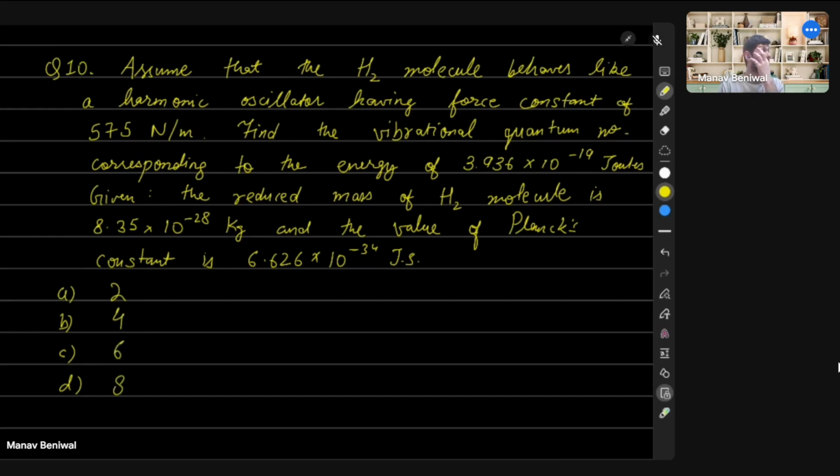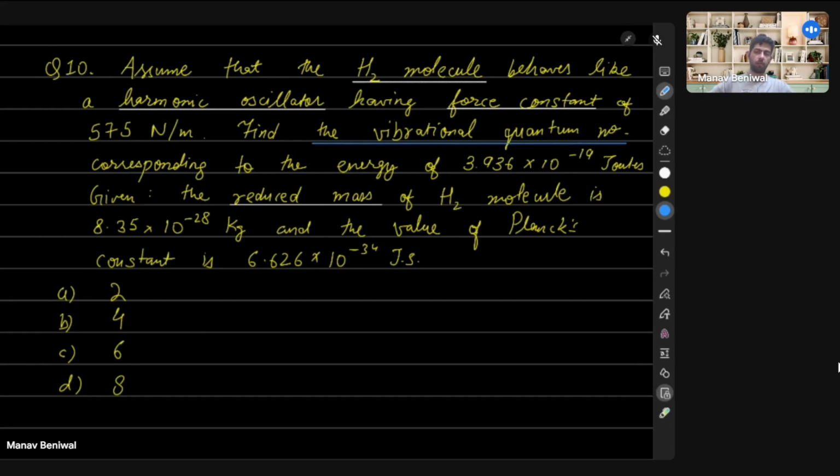Very similar to the last problem. Here we have the H2 molecule. Again this behaves like a harmonic oscillator. We are given the force constant and we are also given the reduced mass. What we are asked to find is the vibrational quantum number V.